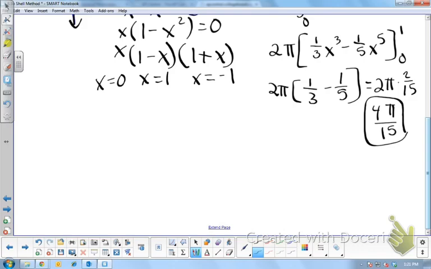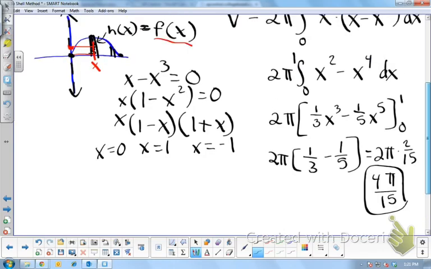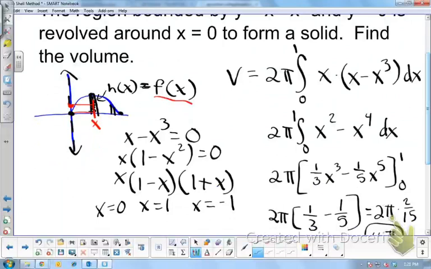I didn't have to find this area using shell. I could have used disk method, but if we were going to use disk method, does everyone have this before I scroll back up? If I were going to use disk method on this function, we know it's revolved around the y-axis instead of the x-axis, which means our radius is actually in terms of y.